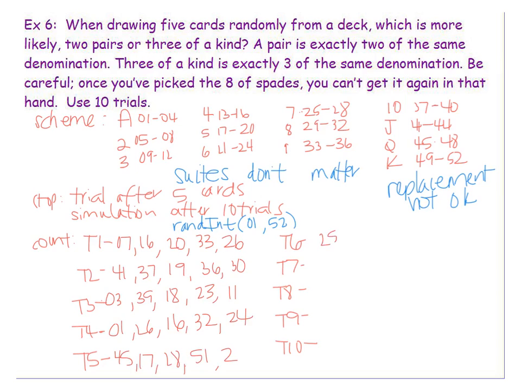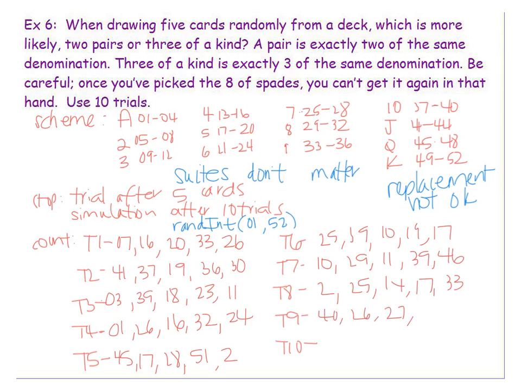And then 25, 39, 10, 19, 17, 10, 29, 11, 39, 46, 2, 25, 14, 17, 33, 40, 26, 27, 41, 23, and 44, 37, 1, 27, 34.